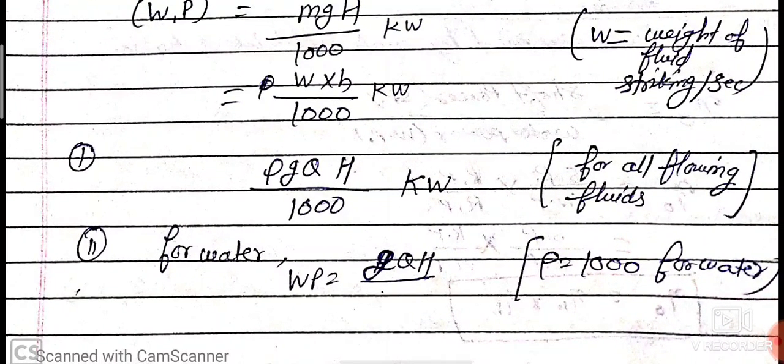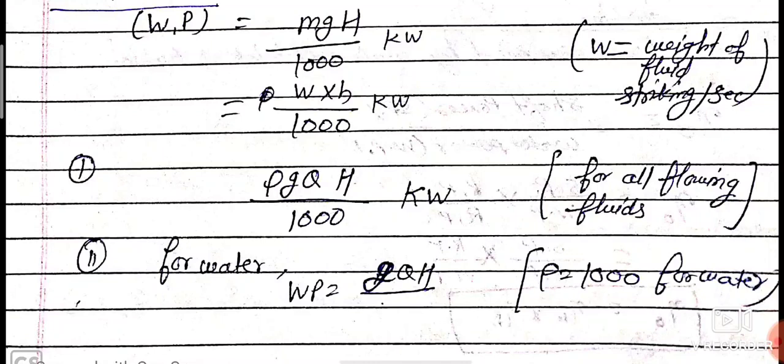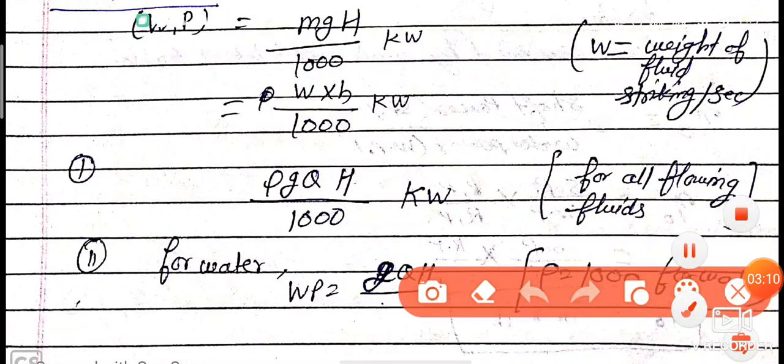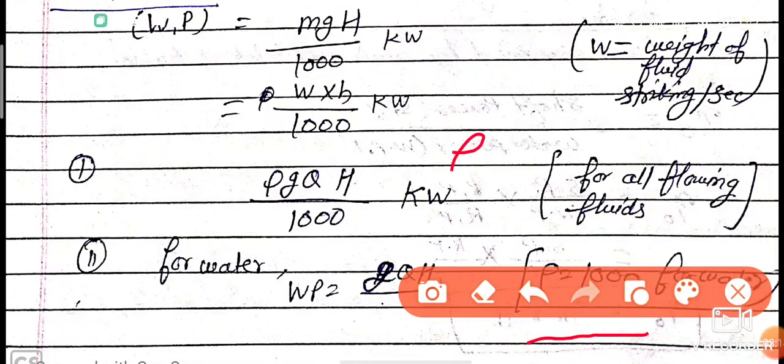For water, power is equal to rho Q H, where rho is equal to 1000 kilogram per meter cube for water.